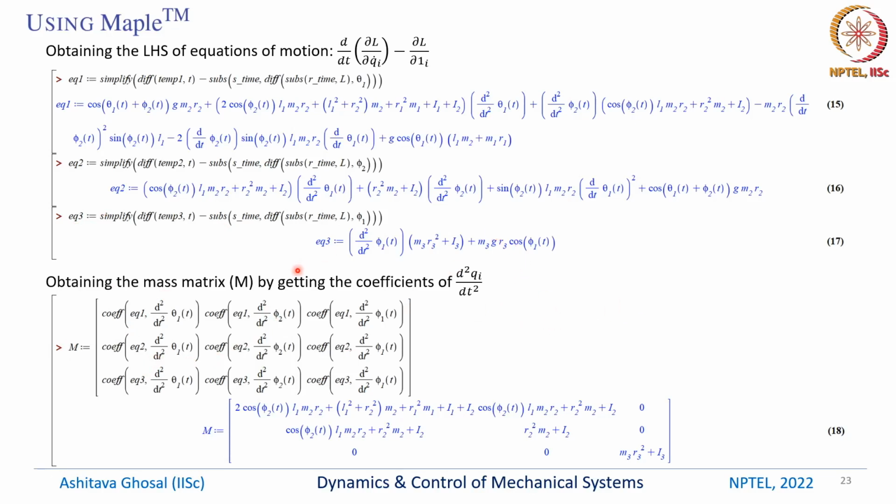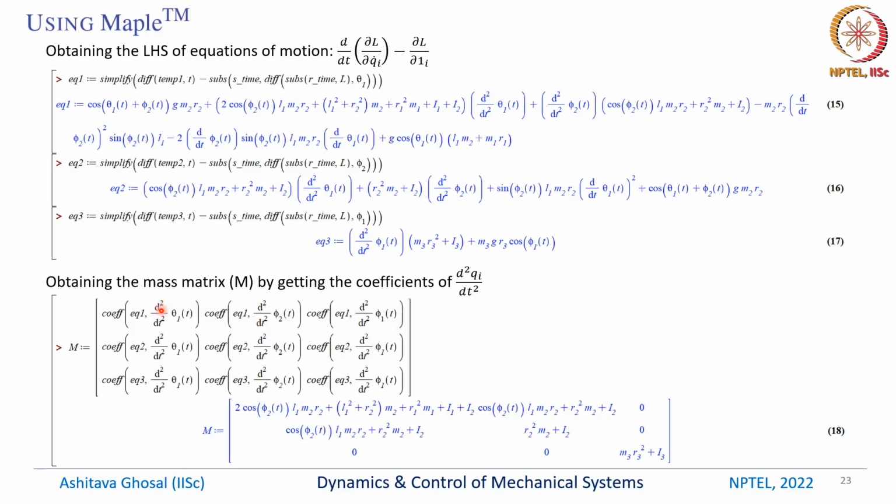In this case, the mass matrix is 3 by 3 because we have three variables: theta 1, phi 2 and phi 1. Just like before, we collect the coefficients of equation 1, which are the coefficient multiplying theta 1 double dot, and likewise the coefficient of phi 2 double dot and the coefficient of phi 1 double dot from equation 1.